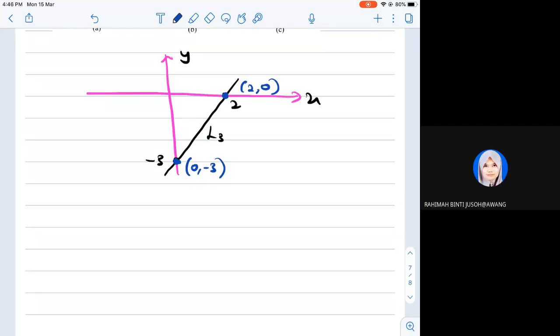So now you can declare either one as your P naught. It's up to you. As I mentioned earlier, this topic can have many answers, so it depends on the values you choose. Let's say I choose my P naught as 0 and negative 3, and P1 becomes 2, 0.